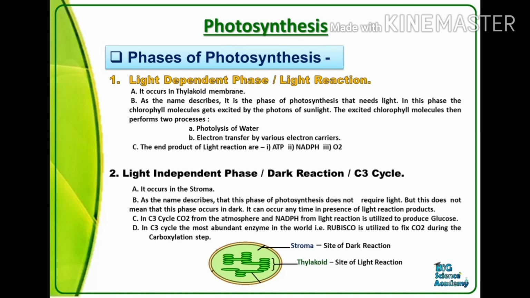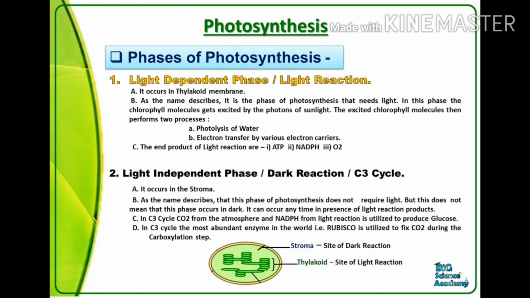In this phase, the chlorophyll molecule gets excited by the photons of sunlight. The excited chlorophyll molecule then performs two processes. The first one is the photolysis of water, that is the light dependent breakdown of water, by which the water molecule generates 4 electrons, 4 protons and 1 oxygen molecule.